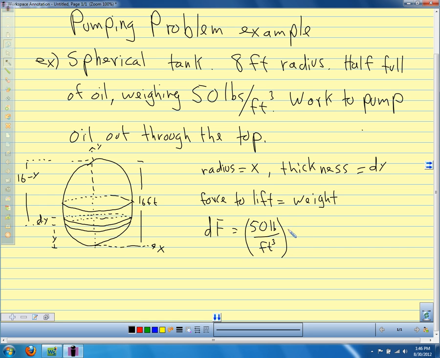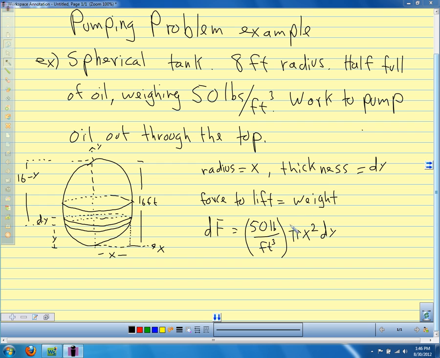The volume of the disk is going to be pi times x squared. X is the radius of that disk. Let me label this. If I drop this down, this distance is x, from here to here. So x is the radius of this particular disk. So pi x squared, and the thickness is dy. So that little circular disk has a weight of 50 pounds per cubic foot times pi x squared dy.